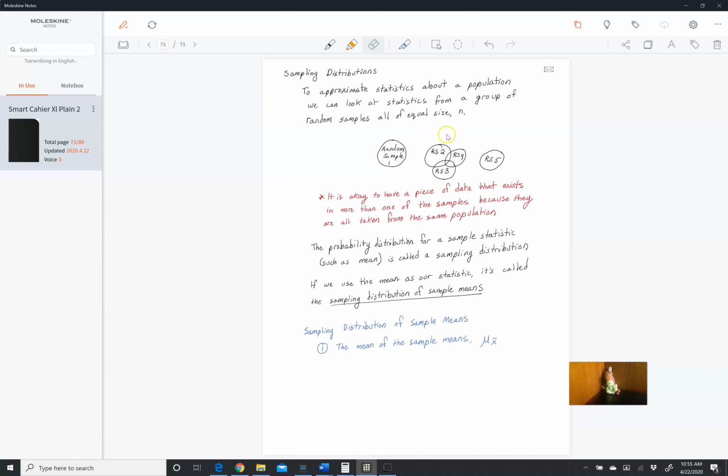Then I'm going to randomly choose another group of 10 and take the mean number of hours that group spends. Then another group of 10, and another one, and another one. This is taking the mean of the means from each sample. So we take the mean of every sample and then we average those. That's what this is.